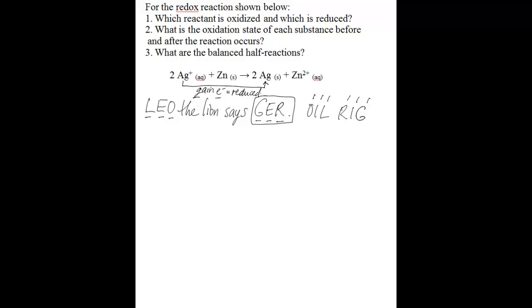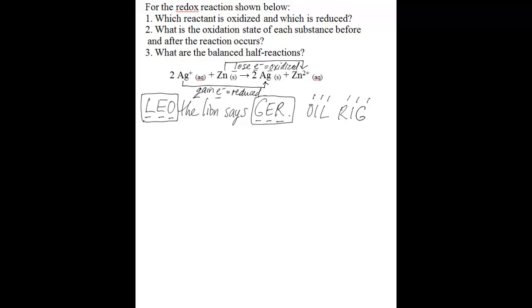If you look at what's going on with zinc, you have zinc solid losing 2 electrons to become the positively charged cation zinc 2 plus, which is a solute in aqueous solution. So in this case, you're losing electrons, and that means you're being oxidized, or the zinc was oxidized. So lose electrons, oxidize. So that's the Leo part of this mnemonic device. So to answer the first question, silver cation is reduced and zinc solid is oxidized.